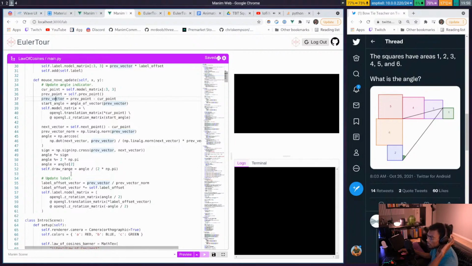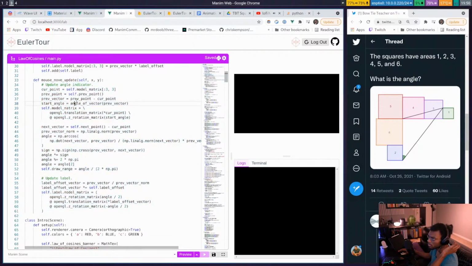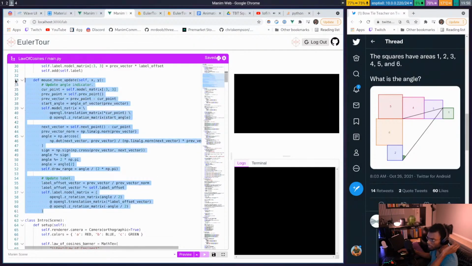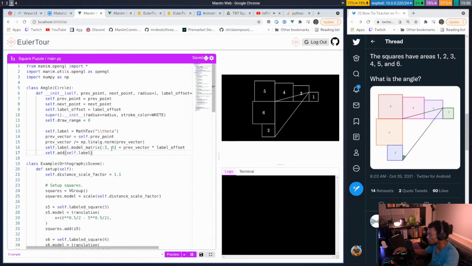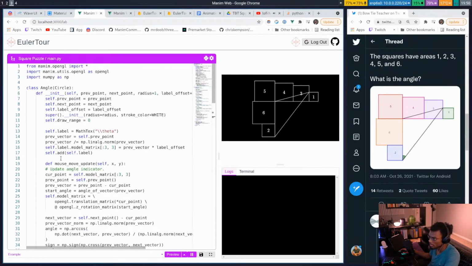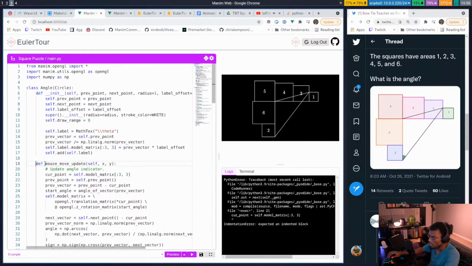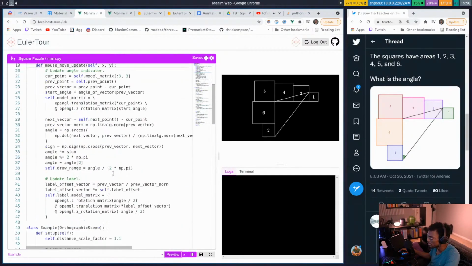Okay. Yeah, this is gonna need some probably heavy-ish refactoring. But I'll just paste this in like so, and try to just add in an angle. Maybe it's the next point.